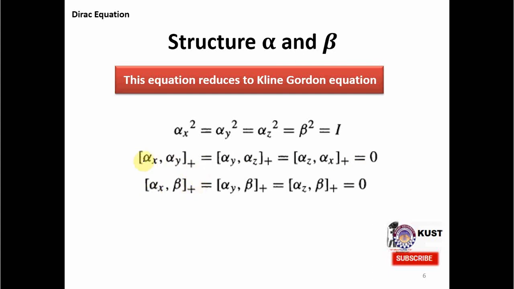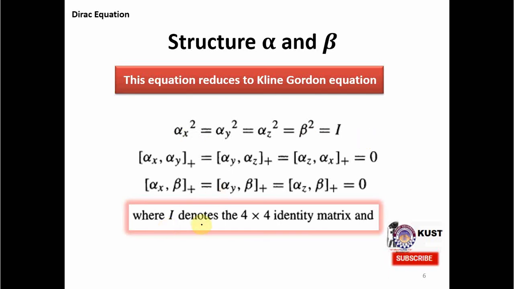If we demand this, or in other words say that alpha and beta components anticommute, and when you square them they reduce to identity, then I denotes the 4x4 identity matrix, because these conditions are only obeyed by 4x4 matrices. If you do it in lower dimensions, you will not see that these requirements are obeyed.